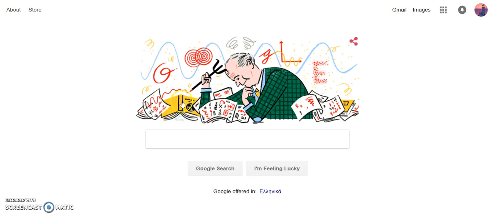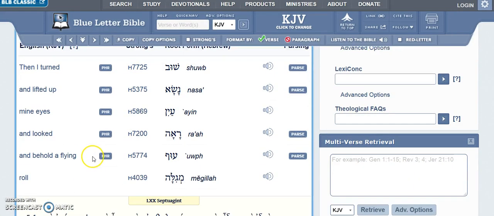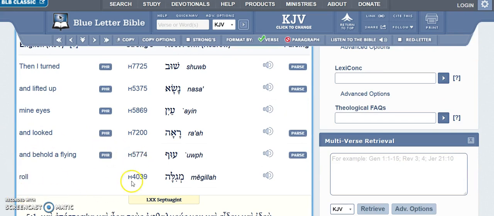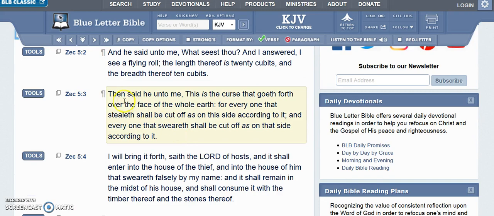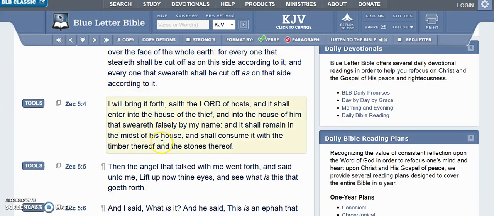I knew it had to be important, but I didn't understand why. But now that I realize it's referring to the scroll or the roll here, the Megillah, okay, so now this makes a lot more sense, because the flying roll or the scroll is the Megillah, which would be the ballistic missile.